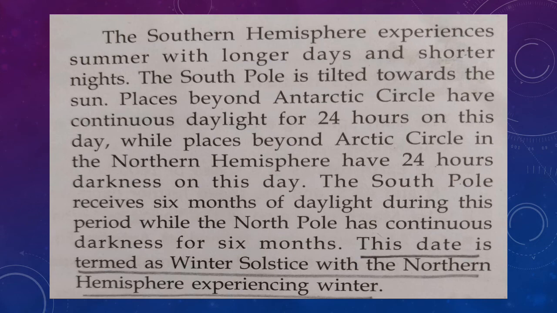And the South Pole receives 6 months of daylight during this period, while North Pole has continuous darkness for 6 months. This date is termed as winter solstice, and the Northern Hemisphere experiences winter. So position 1 and 3 is the position when we have equinoxes, and position 2 and 4 are the positions when we have solstices. Understood?